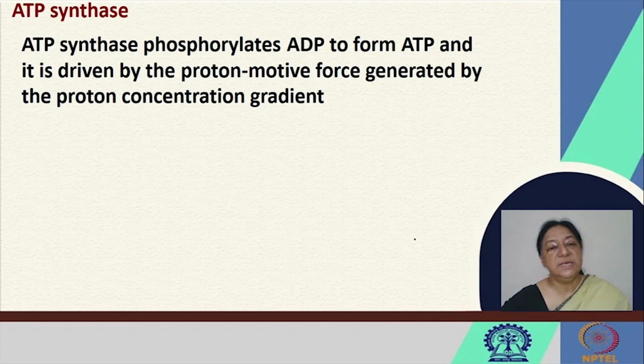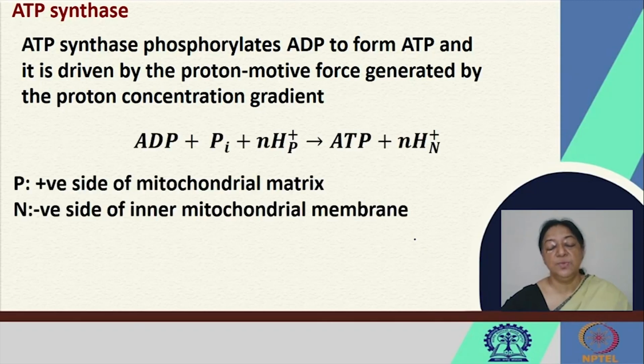For ATP synthase, just to complete the discussion here, this phosphorylates ADP to form ATP and is driven by the proton motive force that is generated by the proton concentration gradient that is a consequence of our electron transport chain.